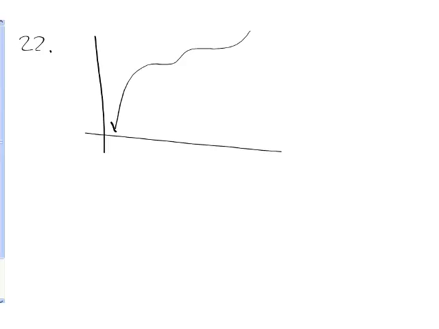22 is actually one of those that is that easy. They give us this graph, and it looks like this. And down here we've got the number of catalogs, and over here we've got sales. And so what it says is find the average rate of change of sales with respect to the number of catalogs from 10 to 30. So I need to know what's going on at 10.